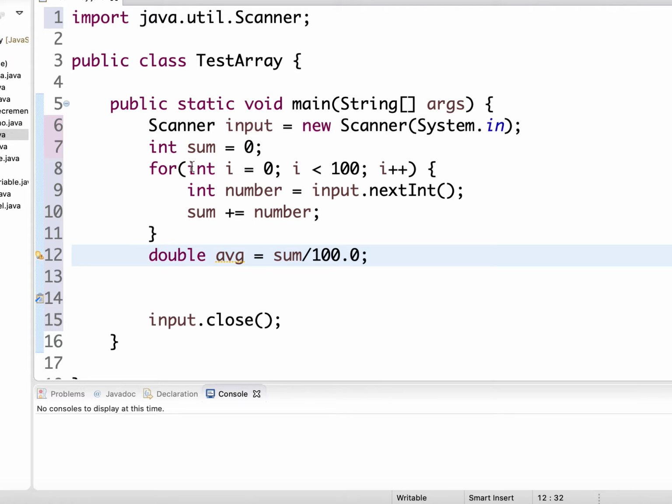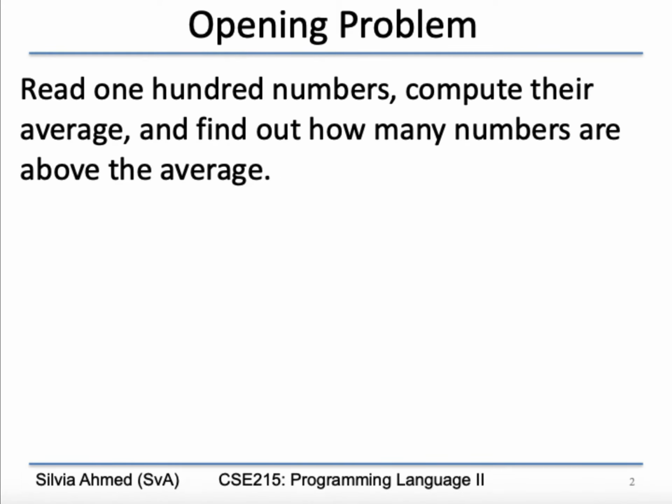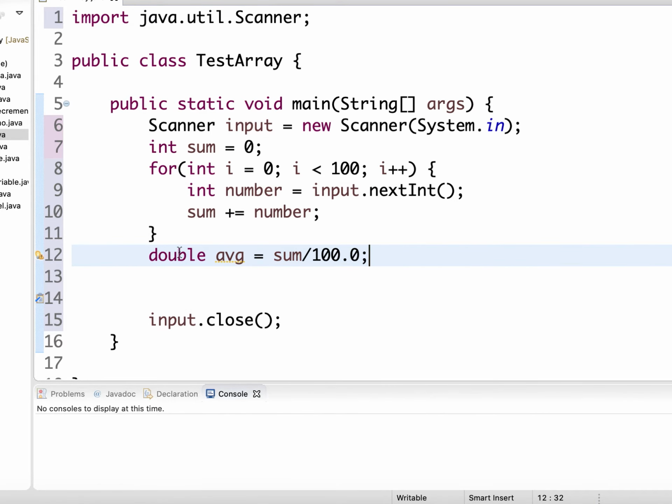So until now we don't need to store any numbers or inputs, but let's now look at the next portion, which says find out how many numbers are above the average. After we get this average, we need to look again at those input numbers and decide which one is greater than the average.